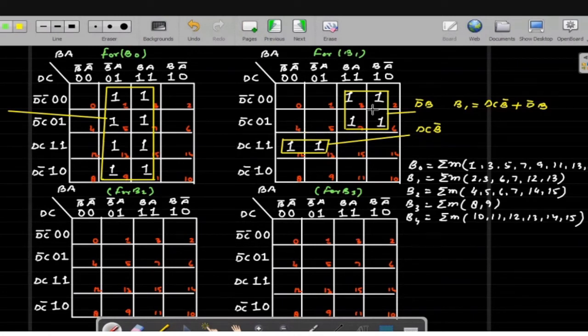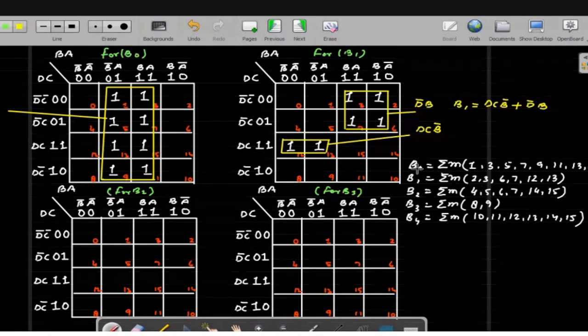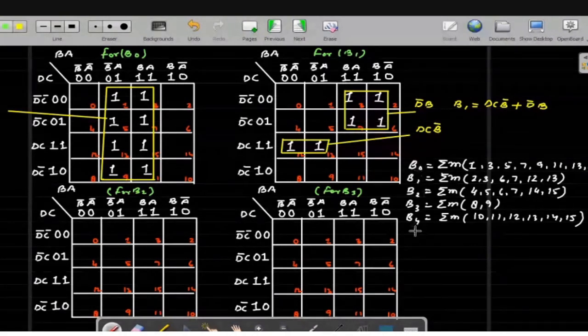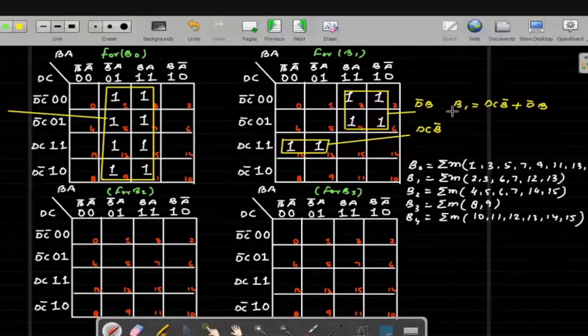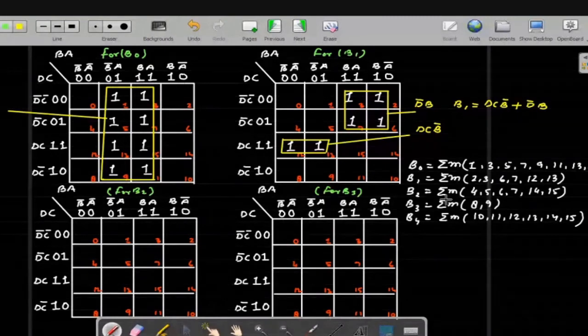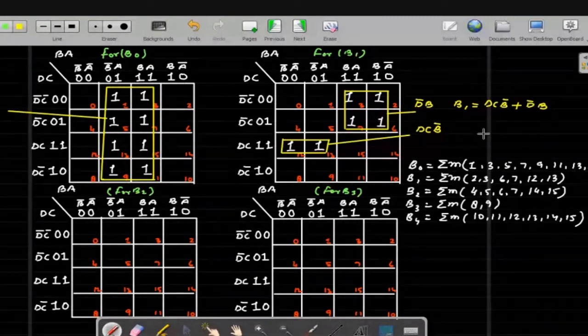By inspection you can see that the initially unsimplified Boolean expressions from B0 to B4 are huge, but once we use this K-map technique, we get a very small, reduced Boolean expression, and very few logic gates are required to implement it.